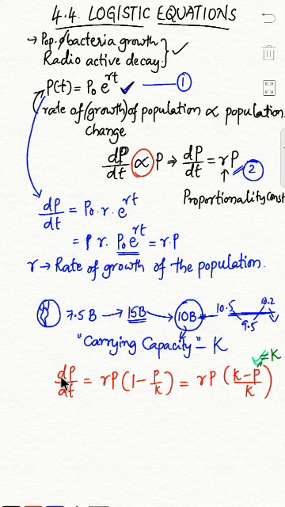That means dP/dt = 0. That means there cannot be any rate of change in the population, or you can say that the rate of change in the population is negligible. This is called the logistic equation.